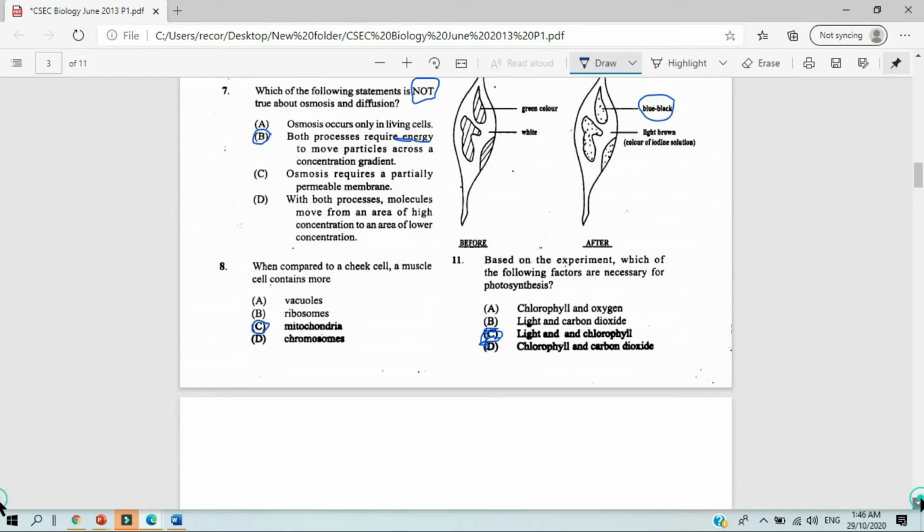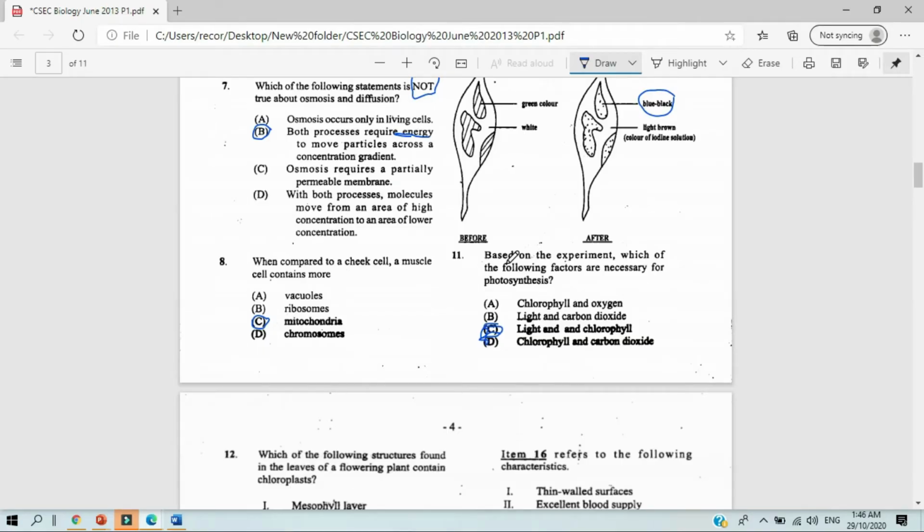Now let us see what's happening down here. Now, based on the experiment, which of the following factors are necessary for photosynthesis to take place? Now, if this green area here is showing that starch is present, and the white area is saying that there is no starch present, the first thing we know is that chlorophyll is a part of our answer.